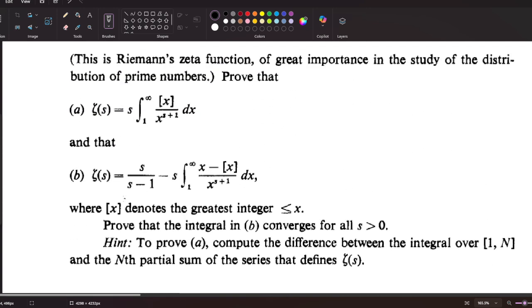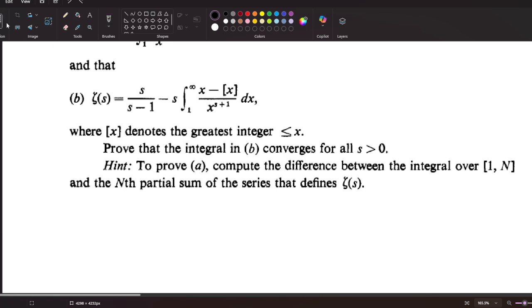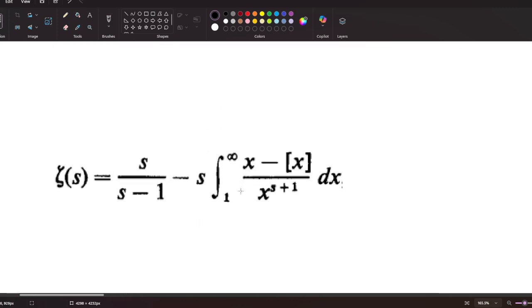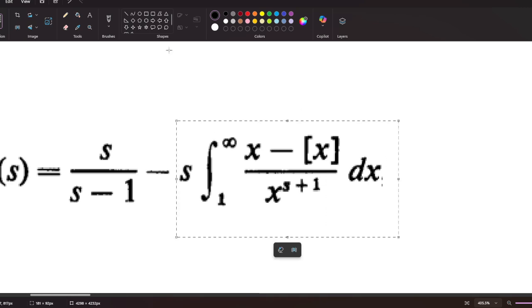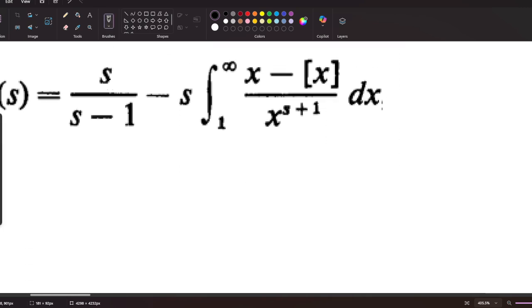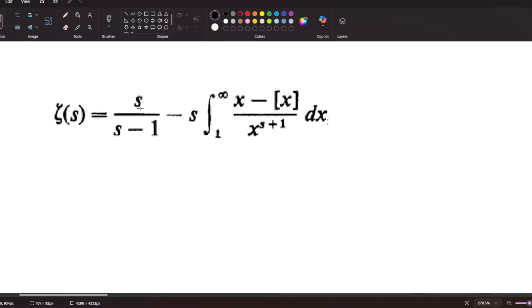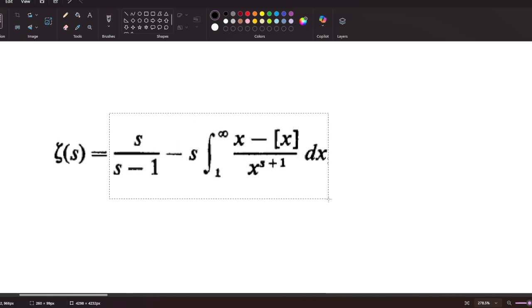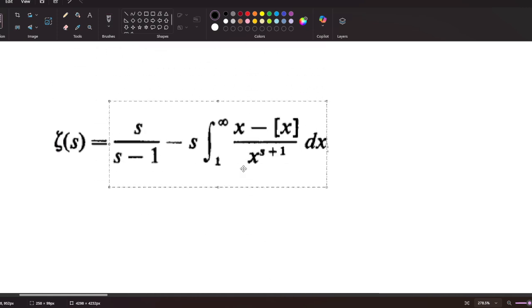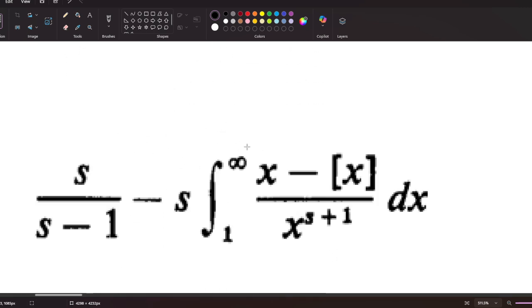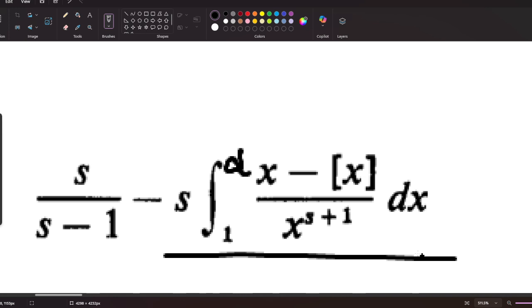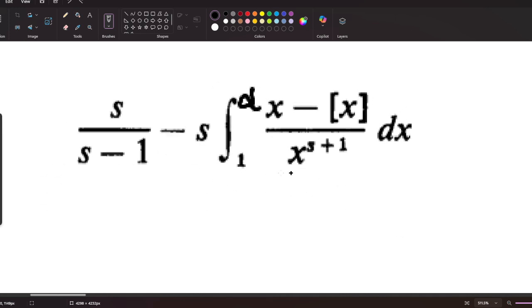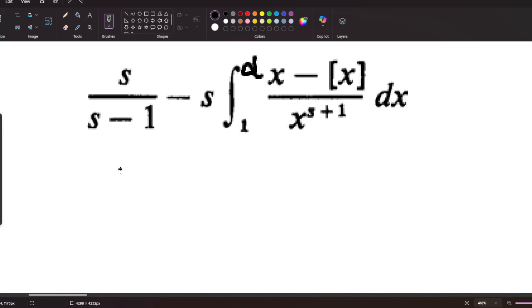Alright. Now this part is fairly easy to show, in my opinion, due to the fact that we have already found this integral on a practical basis. We can again write this all out as a limit according to the definition of improper integral. Let's swap this bound for, I don't know, a. Now, this integral could be expressed as a difference of two integrals, and one of them is going to be the Riemann zeta function.